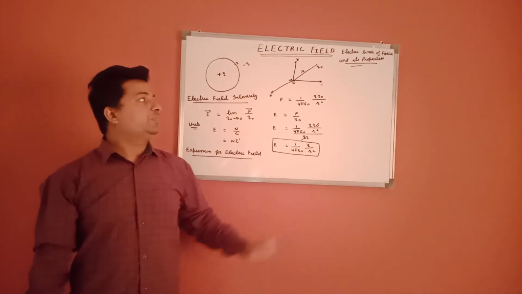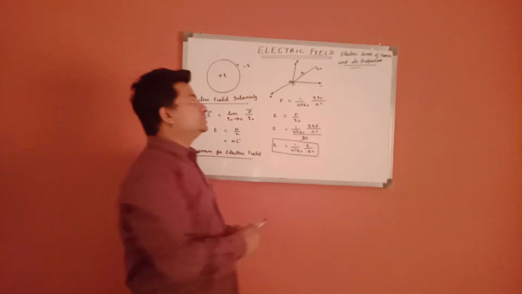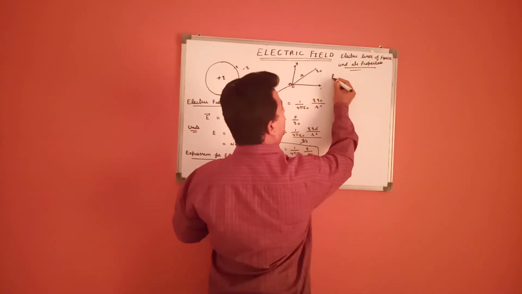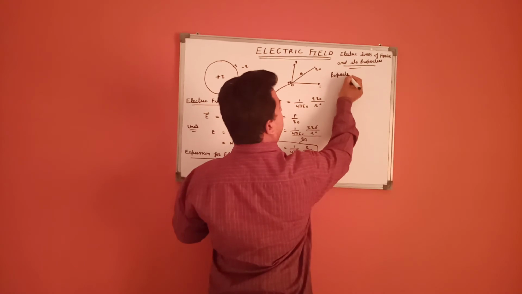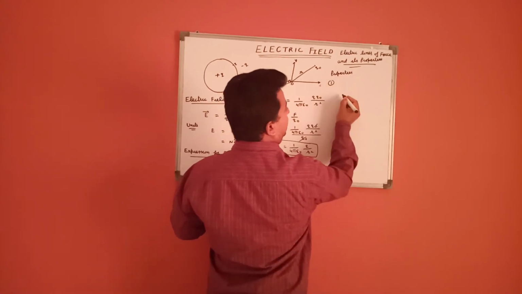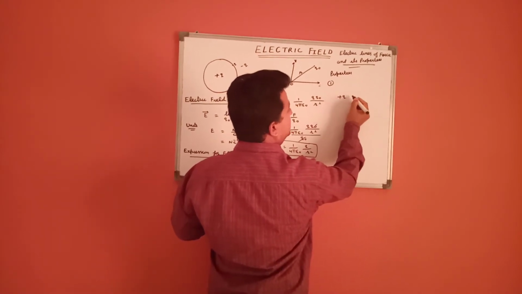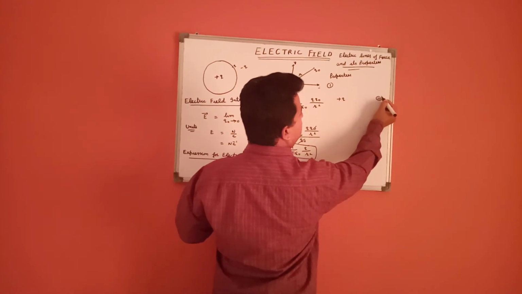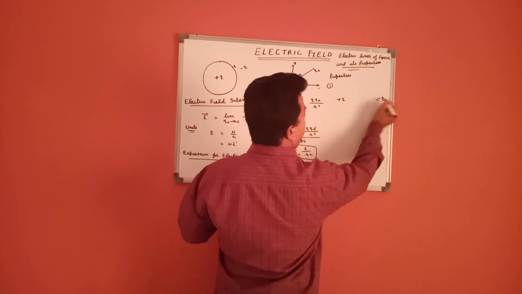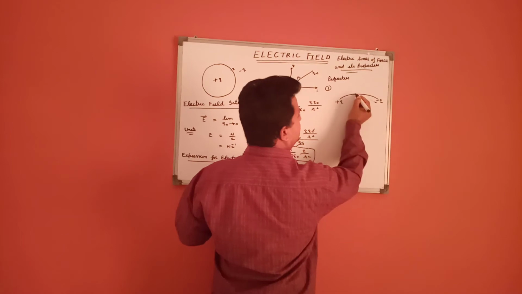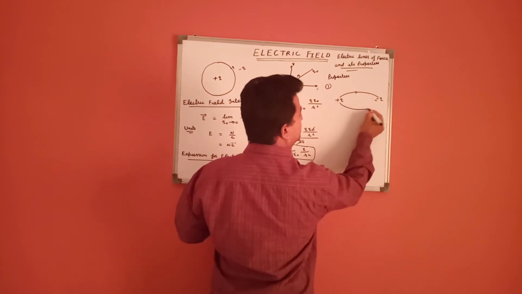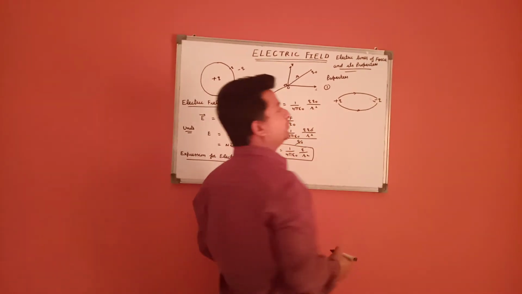Properties. First property: electric lines of forces start from positive charge and end at negative charge. This is the direction of electric lines of forces.